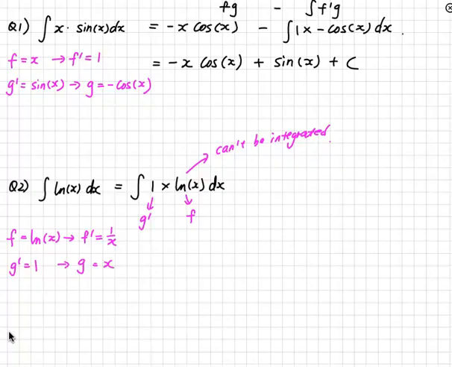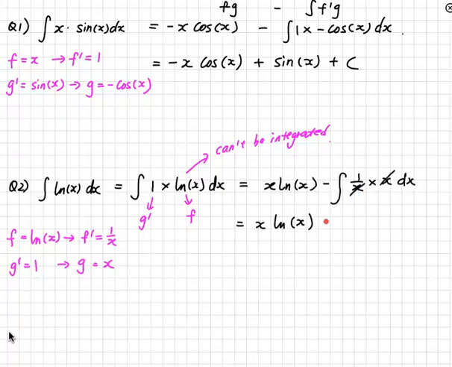So now I have f dash and g. Now we can actually use the integration by parts. So therefore this equals fg, which is x times ln x, minus integration of f dash g, which is 1 on x times x dx. Now you realize whatever's in the integration can be simplified.